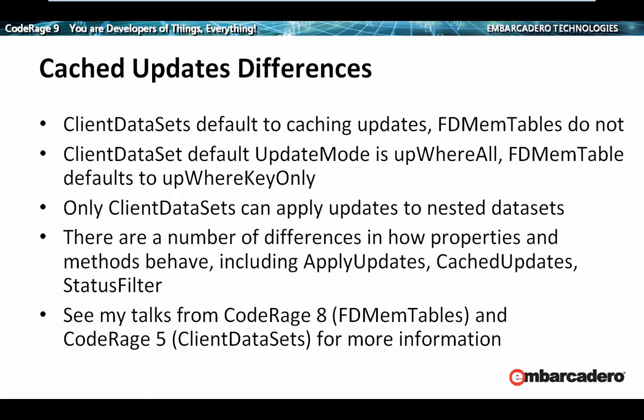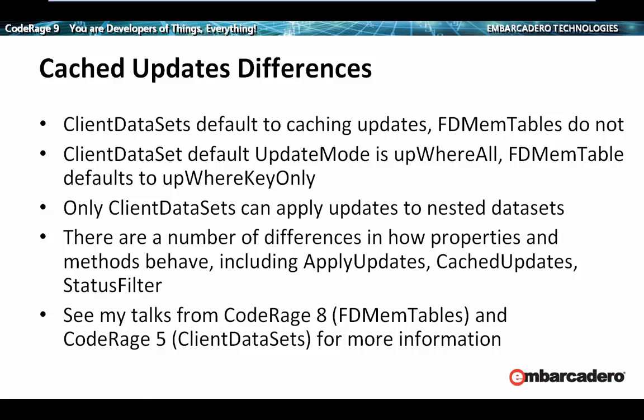By comparison, up where key only will only look for a record with the same primary key values and then replace all the values on it. So the last user to post a change will actually replace posts that were made by users who applied their change since you loaded this data into the FDMemTable.